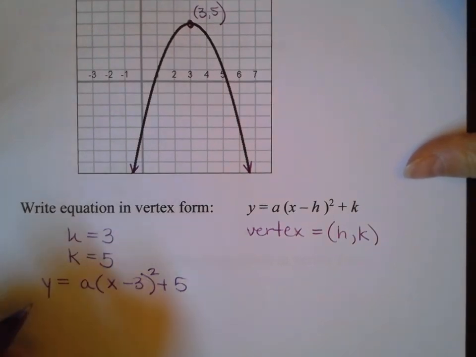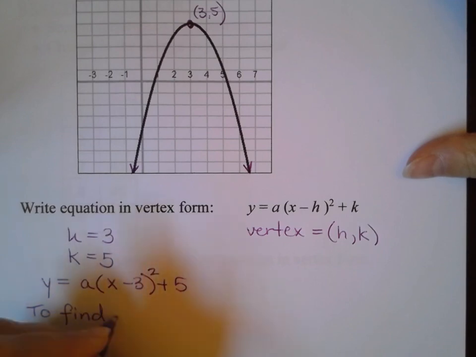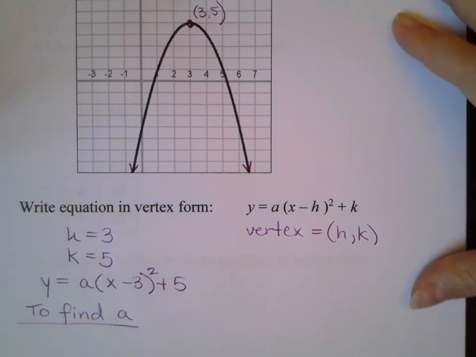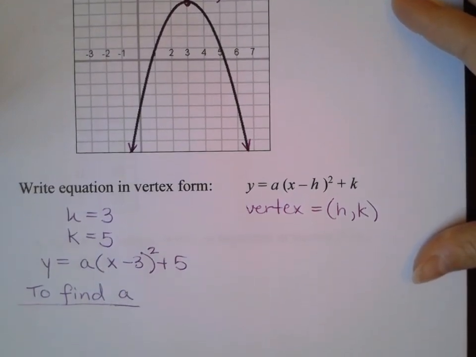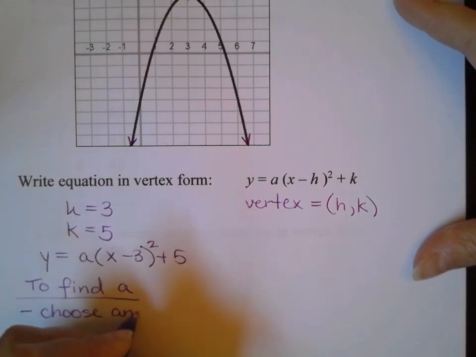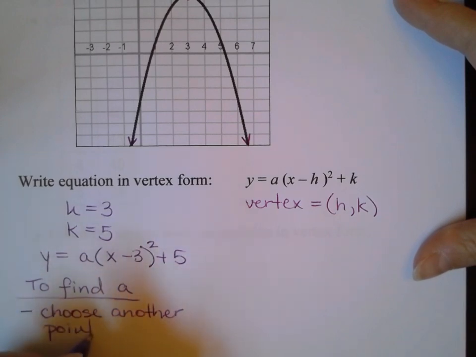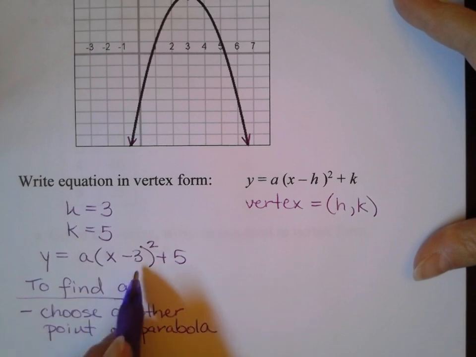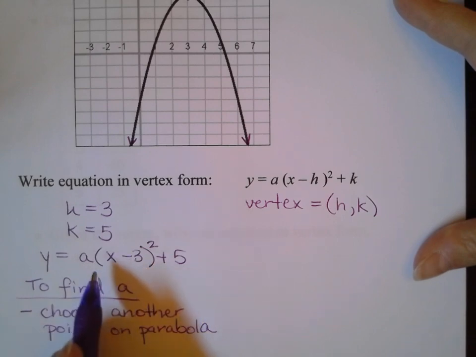So all we have to do, let me write this down. To find a, we're going to choose another point on the parabola, not the vertex. We don't want to choose the vertex because plugging in the vertex will create a 0 here, and it will cancel out our a.